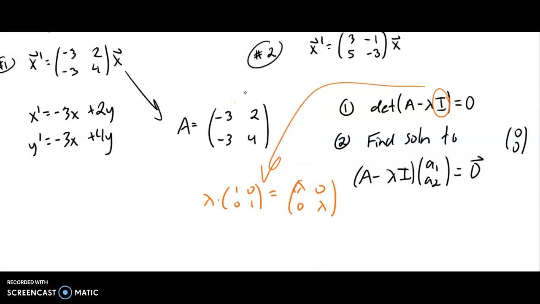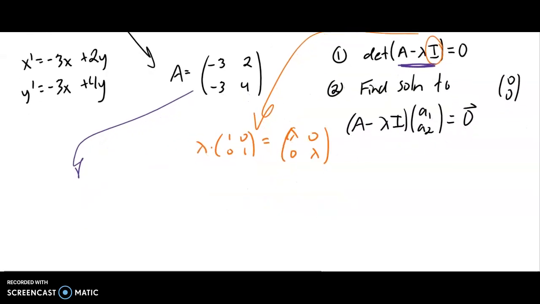Okay, so what I'm going to look at first is this right here. I'm going to look at A minus lambda I. So this is my matrix A. A minus lambda I is equal to, all I do is write the components of A, which are -3 and then the 2, but along the diagonal I'm going to subtract lambda.